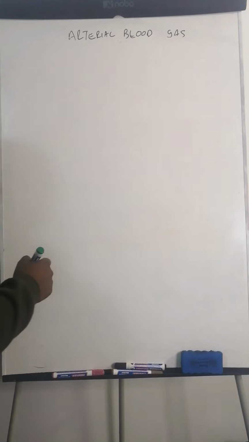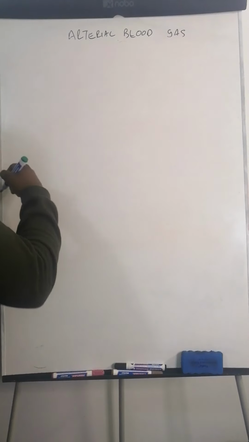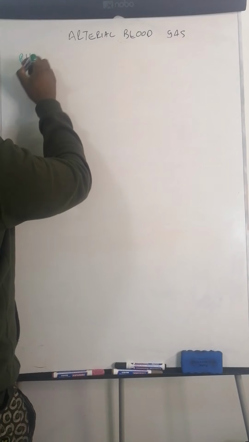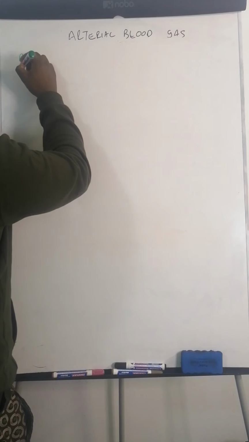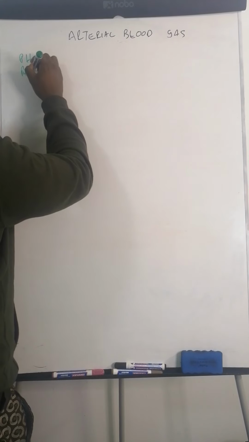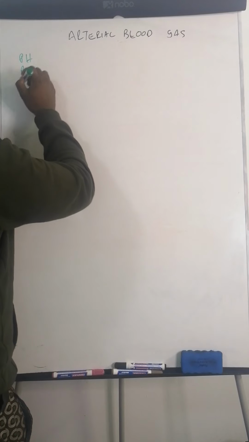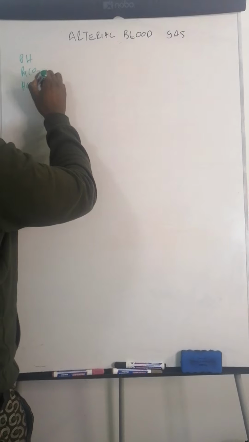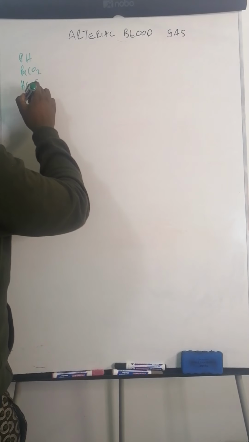So we did mention that the things your blood gas machine is going to analyze for you are the pH, the partial pressure of carbon dioxide, and your bicarbonate. I want us to talk about the bicarbonate now.